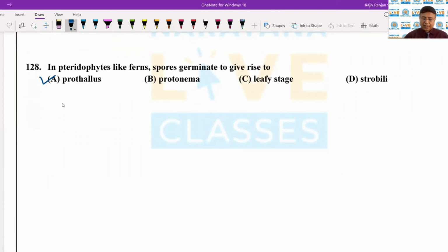As we know that the ferns are commonly homosporous.